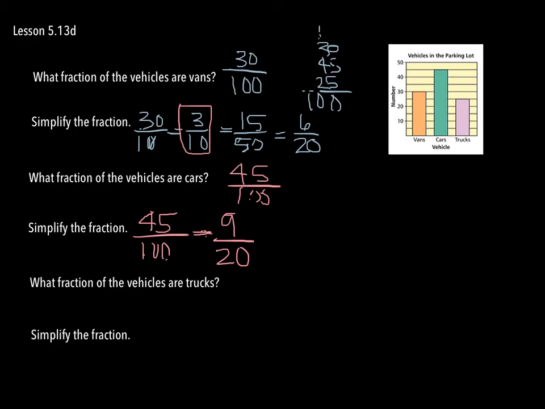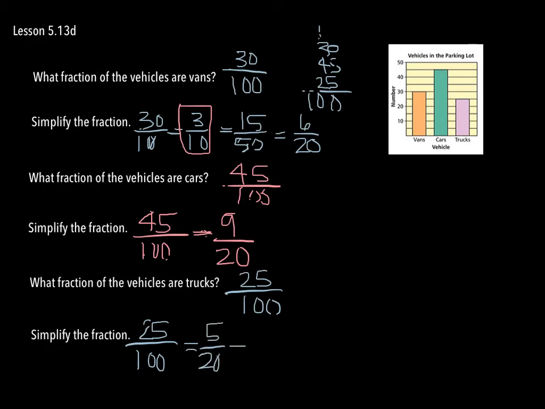Common numbers. Okay, and then finally, what fraction of the vehicles are trucks? Trucks, we're going to go here and over, 25. So it's going to be 25 over 100. And it's going to ask us to simplify 25 over 100. And I can divide by 5's, and I'm going to get 5 over 20.